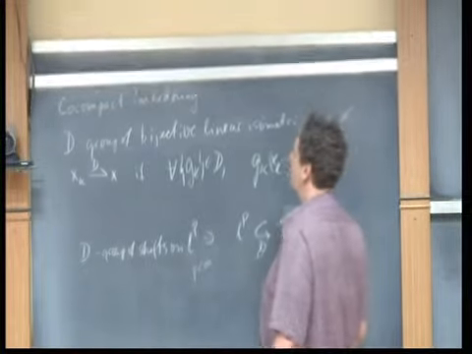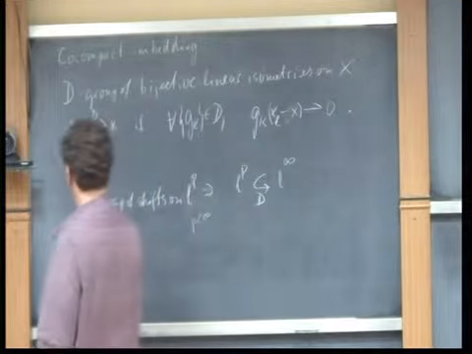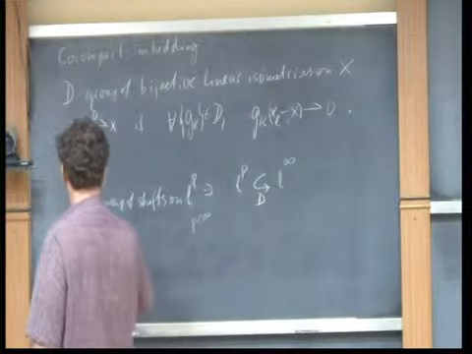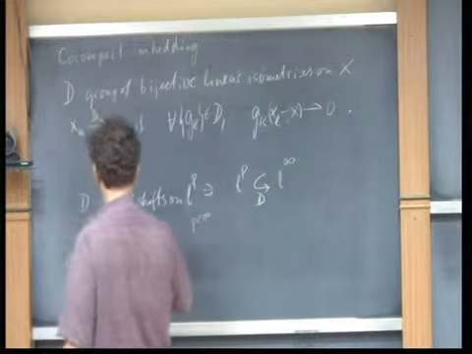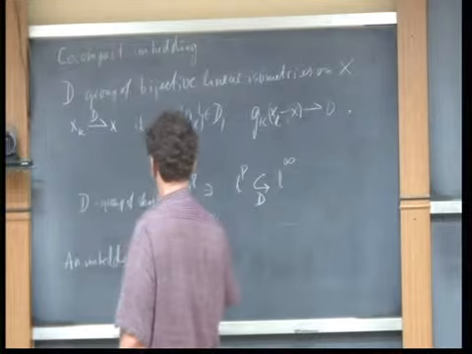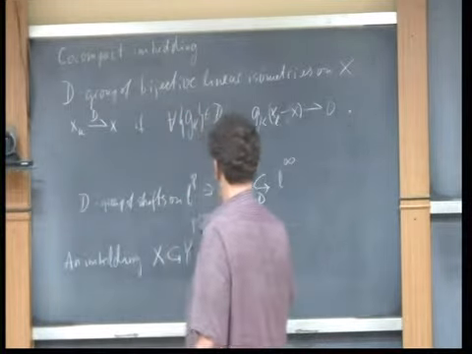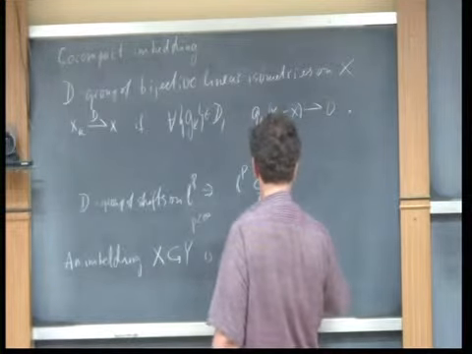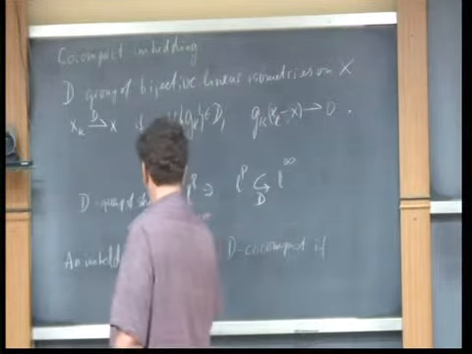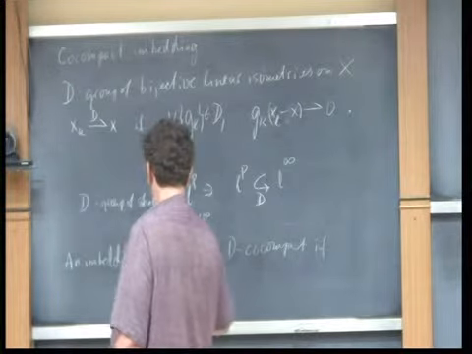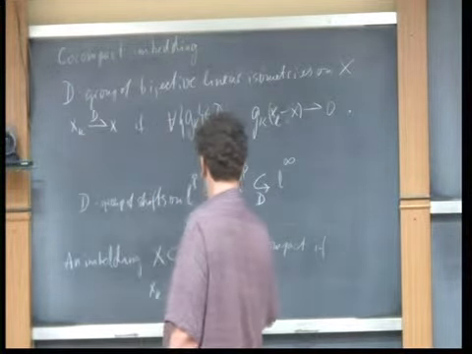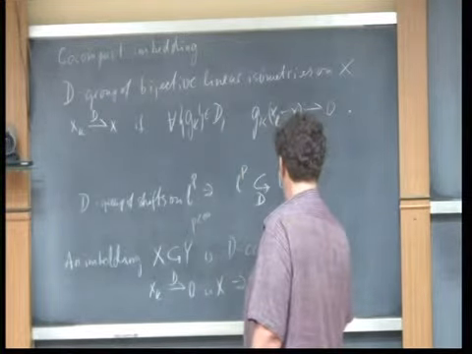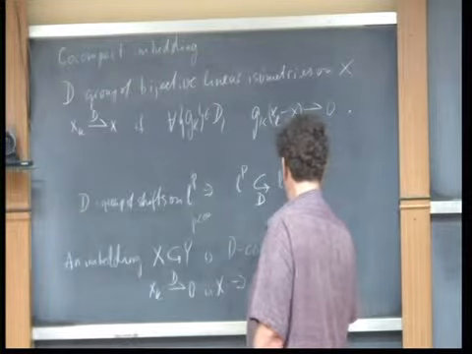So the definition is: an embedding of X into Y is D-co-compact if x_k converging D-weakly to 0 in X implies x_k in Y converges to 0.